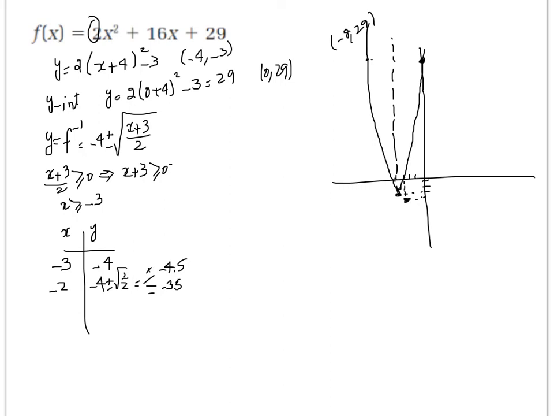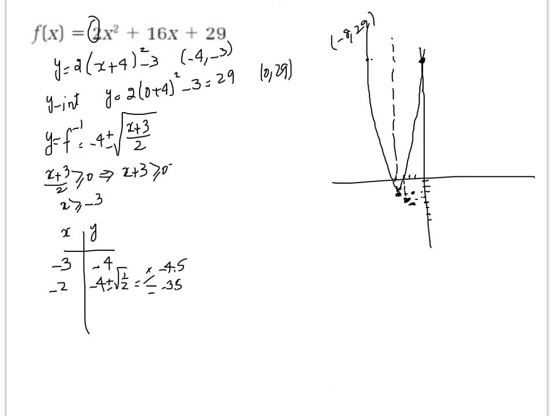So if x is negative 2, y is negative 4.5, which is going to be somewhere around here, and y is negative 3.5, which is going to be somewhere around here.